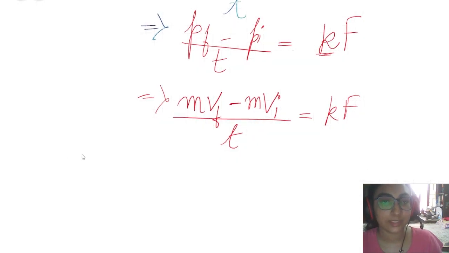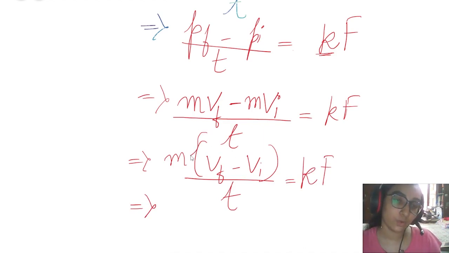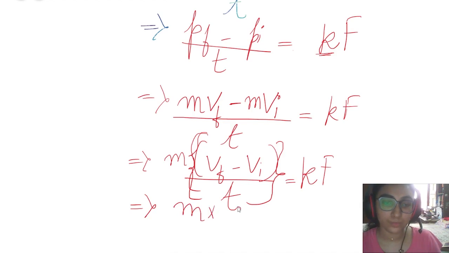Now this will basically suggest that when we take the m common, m into (vf minus vi) divided by t equals k into F, which implies, so in the first chapter, if you all remember, we know that the rate of change of velocity is given a term, which is acceleration, a. So F equals m into a, right?